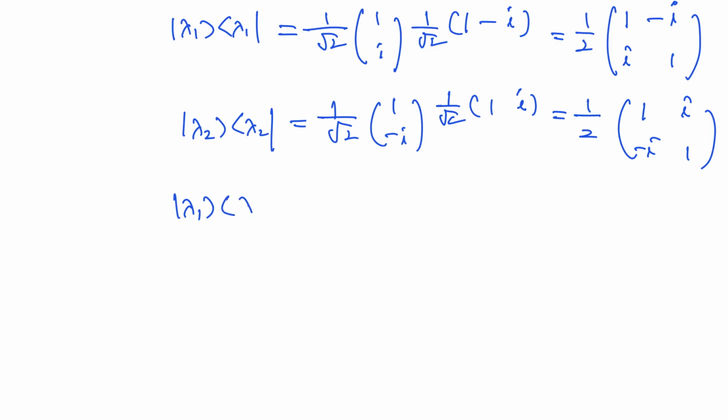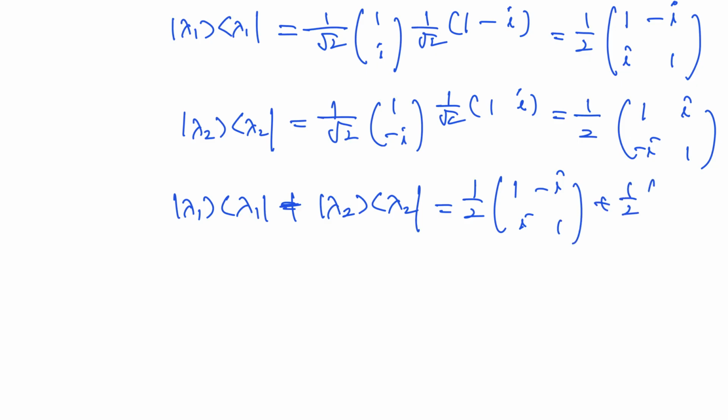Lambda 1 lambda 1 plus lambda 2 lambda 2 is equal to 1/2 (1, -i, i, 1) plus 1/2 (1, i, -i, 1), which is the same as 1, 0, 0, 1, right? Which is basically the identity.